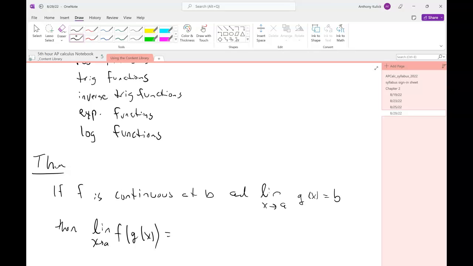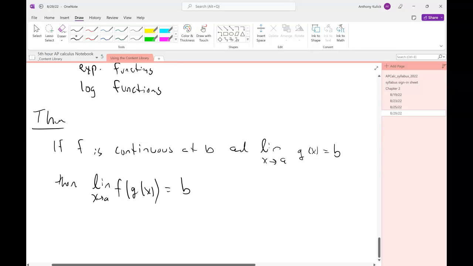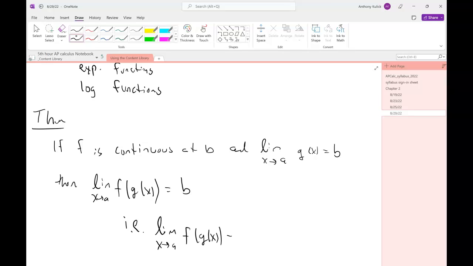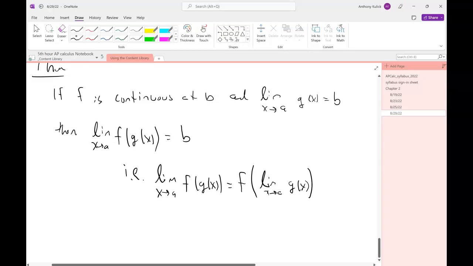What we're saying here is that, providing the pieces are continuous in the way that you need them to be, the limit of a composition is just the composition of the limit.